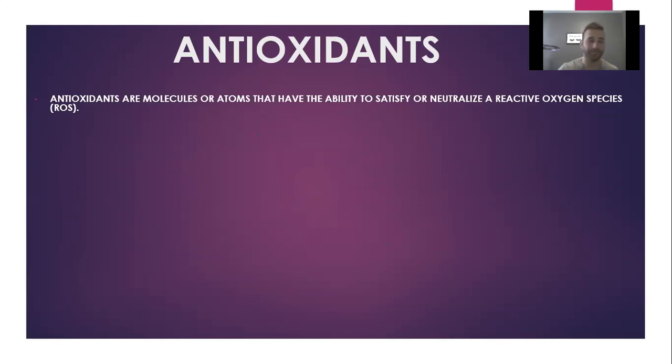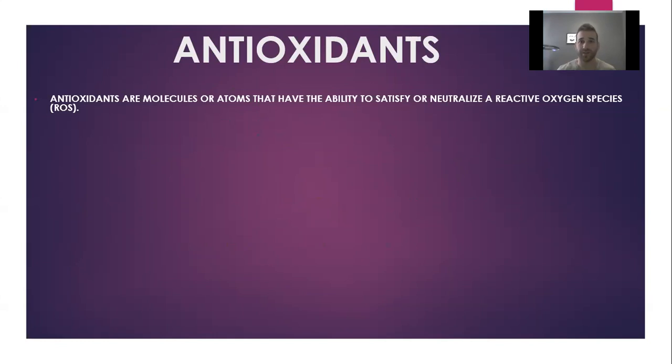When you're doing research on PubMed, searching electrolyzed reduced water or hydrogen-rich water, a lot of the peer-reviewed articles will use acronyms like ROS. So antioxidants are molecules or atoms that have the ability to neutralize these reactive oxygen species or free radicals. That's a very simple way to explain it to someone.